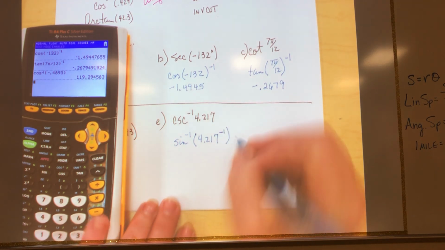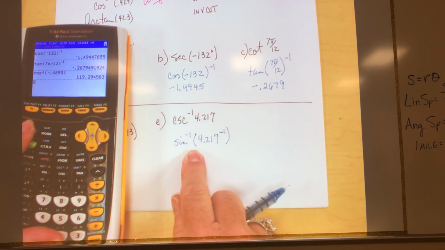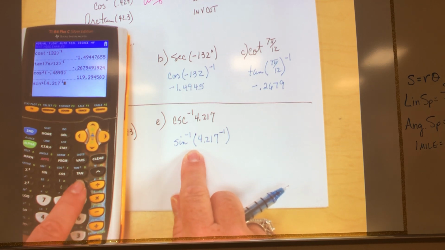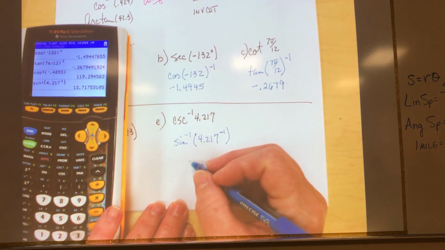Where are angles located, guys? Inside. Think about a picture of a triangle. So I'm gonna go second sine of 4.217. I'm gonna do my reciprocal button. You could close it if you want to. You don't have to. He's not gonna care. And there's my angle, 13.72, right?